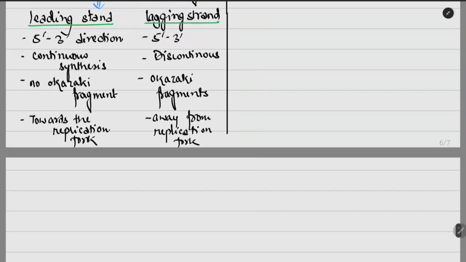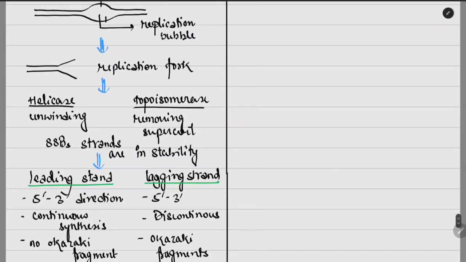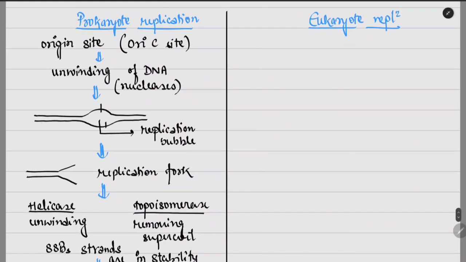Now, by the help of DNA polymerase 1, 2 and 3 in the prokaryotes, the whole replication takes place. DNA polymerase 1 has the action of removal of RNA primer and DNA synthesis. DNA polymerase 2 has the proofreading action, and DNA polymerase 3 has the whole length DNA formation.